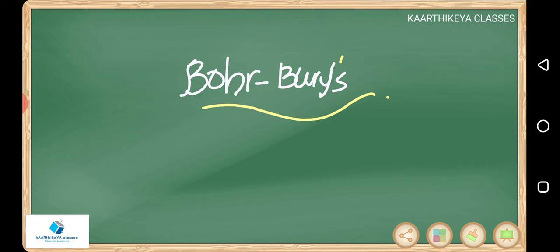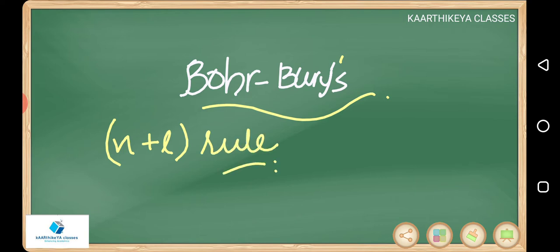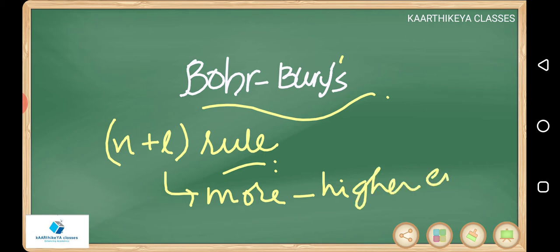For example, if you see the n plus l rule, then you can find out which is having more energy. Very simple. n plus l more value, energy is more. If n plus l value is more, energy is more.